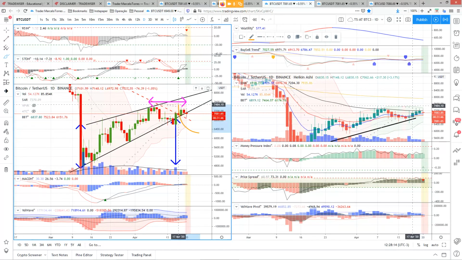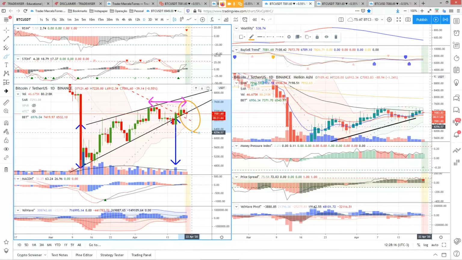It might keep on going this way, and hopefully I'll be able to project with a certain precise level to which direction it should go. My opinion, it's going to go down because of the halving. So let's see how that's going to work out. Okay, for now, we have to keep our eyes on the 1-hour chart.